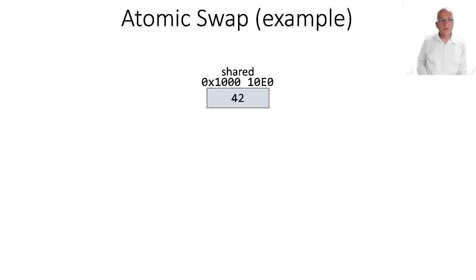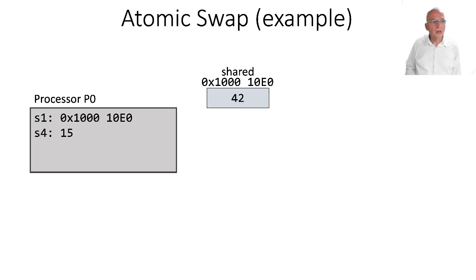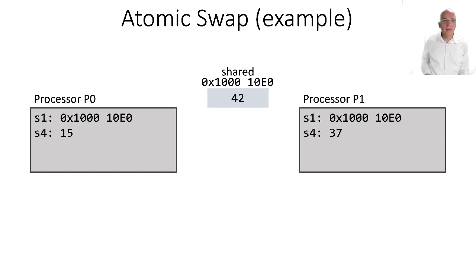So let's suppose that, for example, the address of the shared memory location is 0x1010, and the current value in that memory location is 42. And so processor P0 will have the address of that memory location. Let's say that the local value in P0 is 15 in S4. And P1 has the same address for the location because they are accessing the same location. But the local value for P1 is 37.